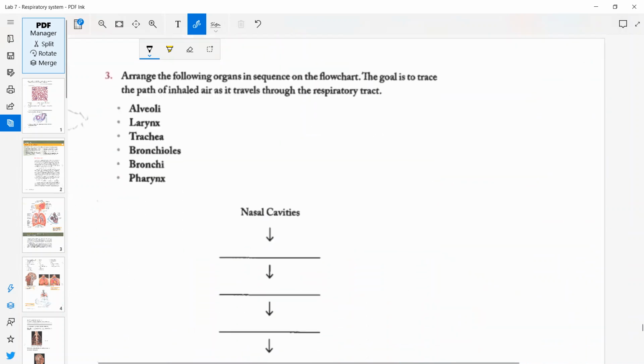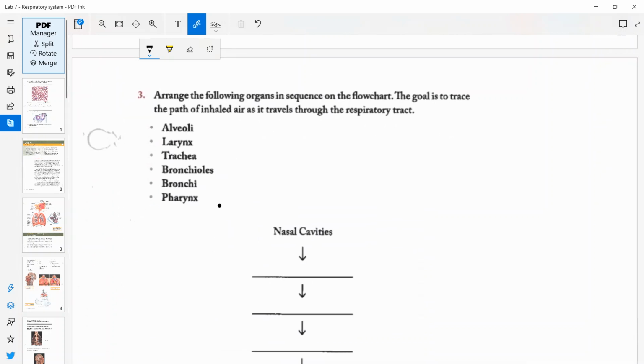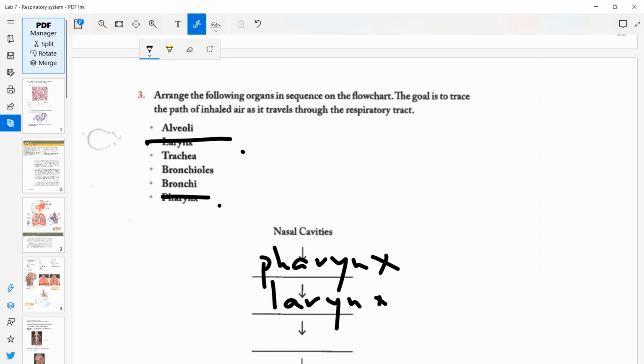So organs in the sequence, the flow chart. From nasal cavities, air enters pharynx. Then from pharynx, it enters larynx. From larynx, it goes into the trachea.